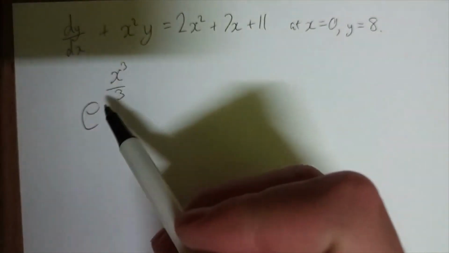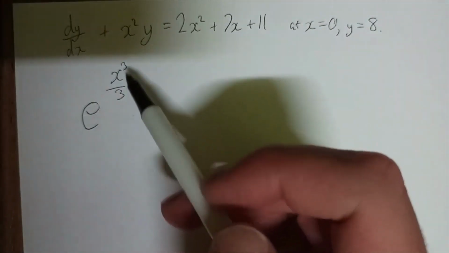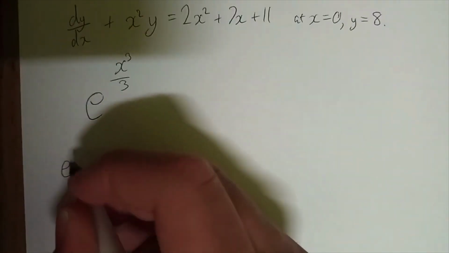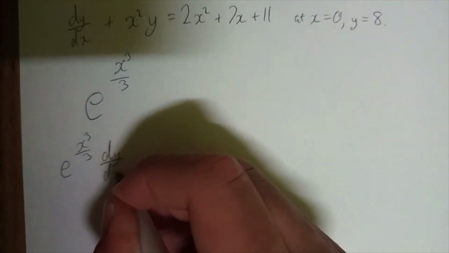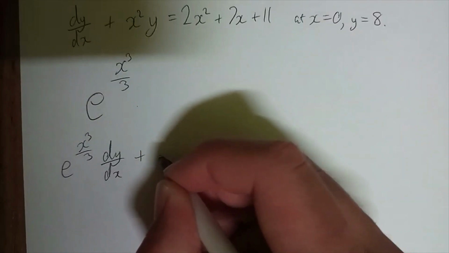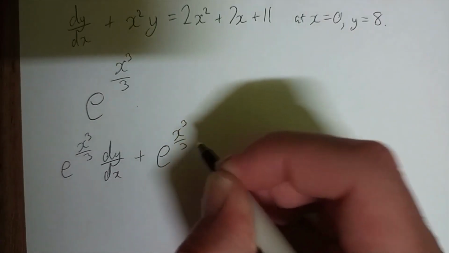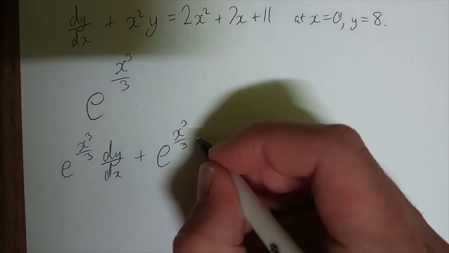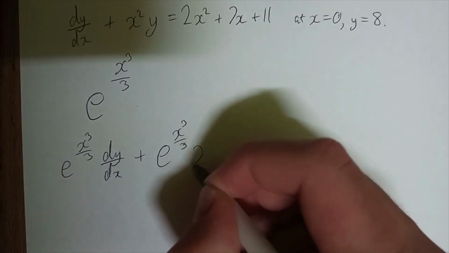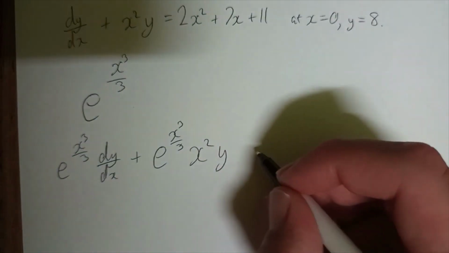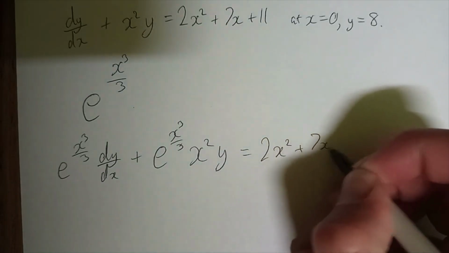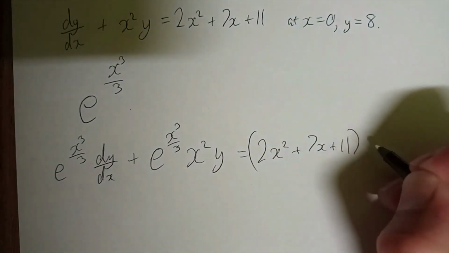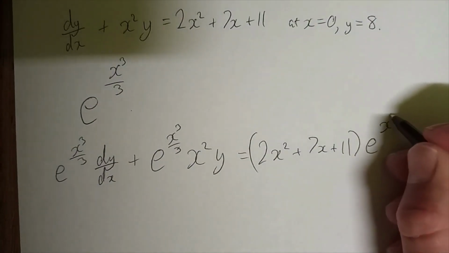So multiplying both sides of this differential equation by the integrating factor gives e to the x cubed over 3 dy dx plus e to the x cubed over 3 times x squared y equals 2x squared plus 7x plus 11, all multiplied by e to the x cubed over 3.